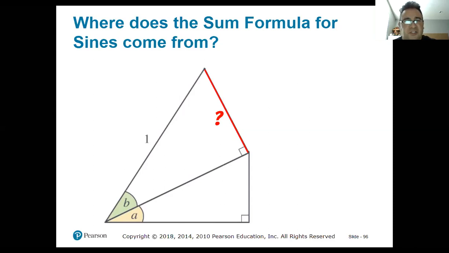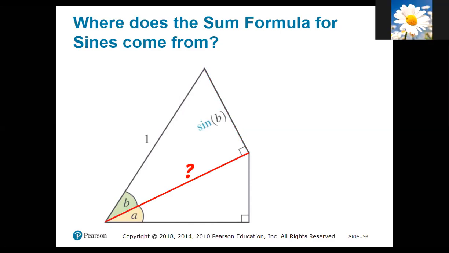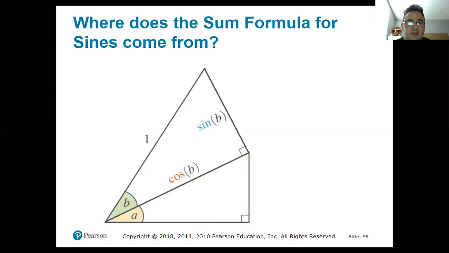It's the same picture, because instead of an alpha, you have a B. So what's this side over here going to be? Cosine of B. Good, Talia. That's cosine of B. Everybody okay with that?